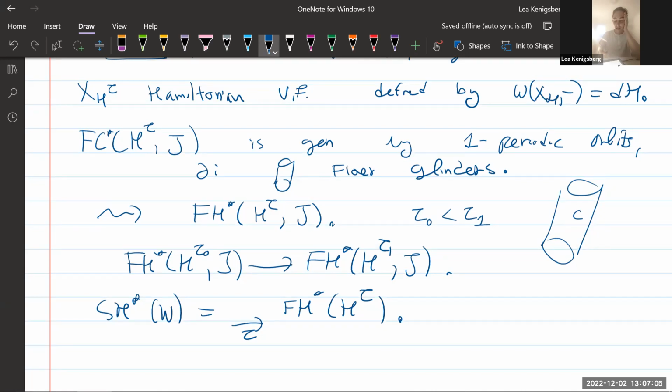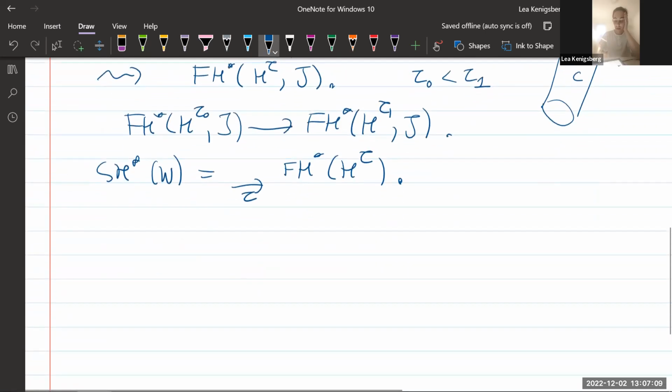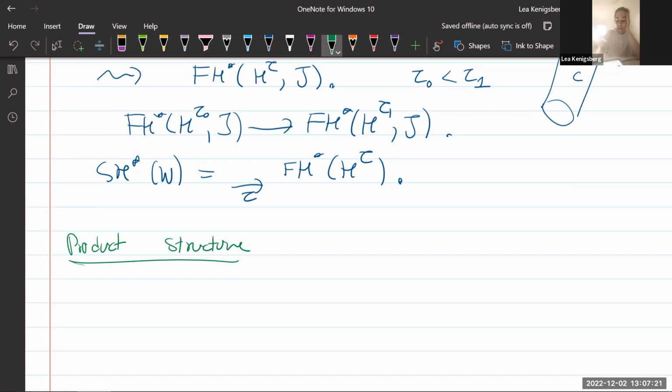Okay, so what kind of structure does this admit? Instead of considering cylinders, we can also look at maps from the pair of pants surface.